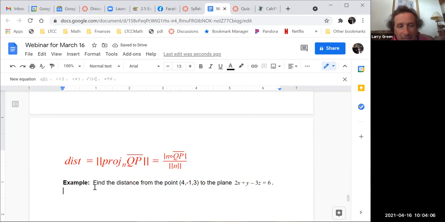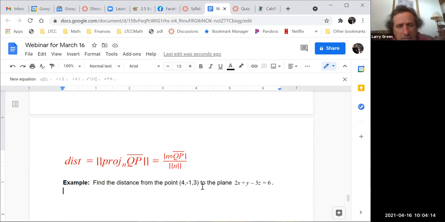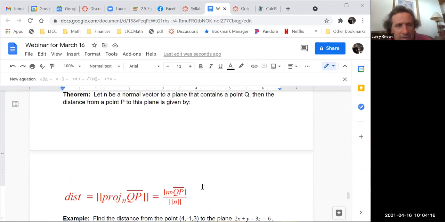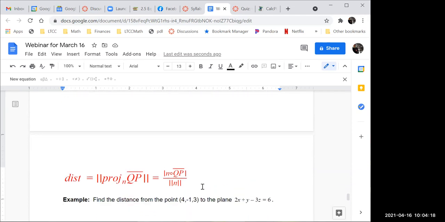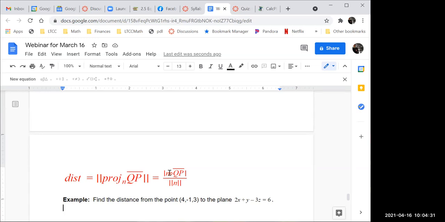All right, so here's an example. Larry, don't you have to then multiply it by the vector n? If I remember correctly. Actually, never mind, I have something written down for projection from last class. Yeah, this is different. This is the length of the projection, which is different than the projection.